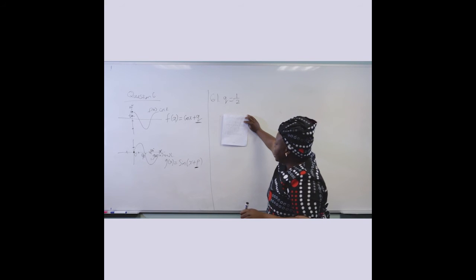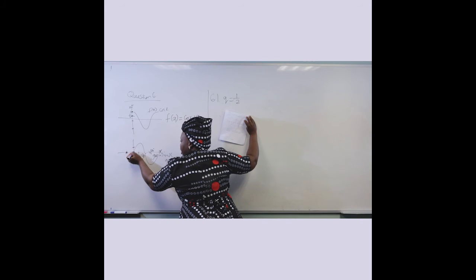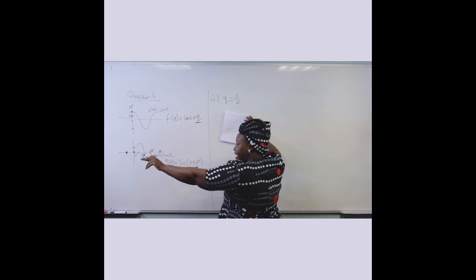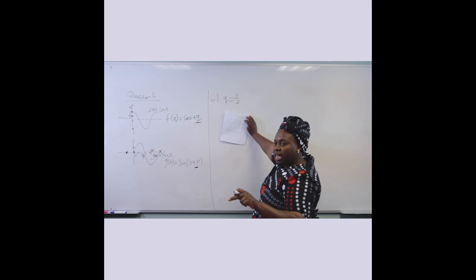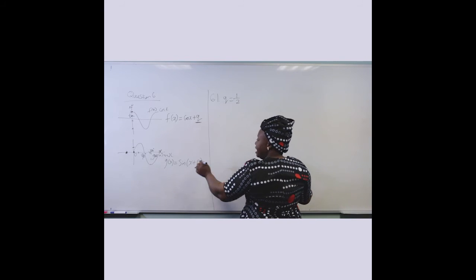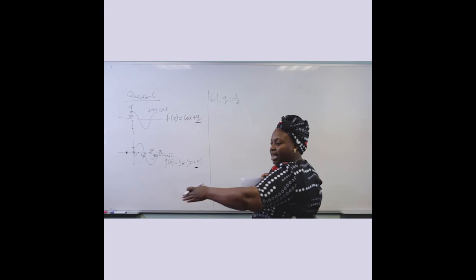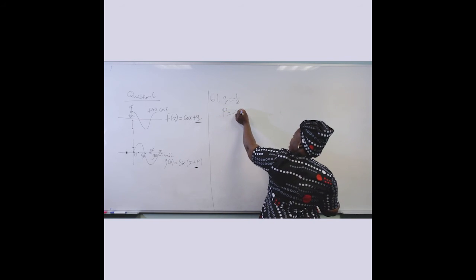So if that's the case, it means that your 0 there had moved in this direction. This point had moved this direction. So it moved to the left. How many units? 30 units. And how does it move to the left? It means that your p now is going to be negative 30 because it's going in the negative direction. So you're going to say p is equal to negative 30 degrees.